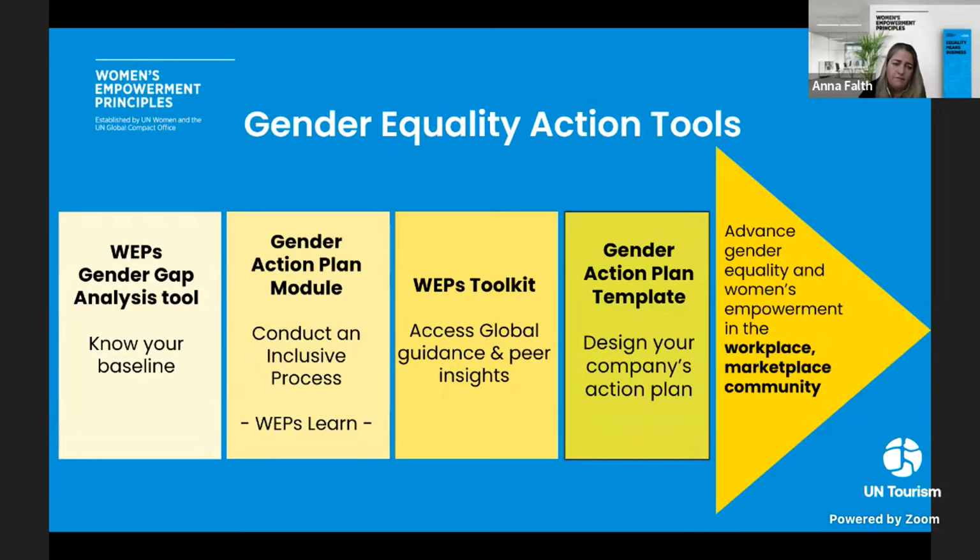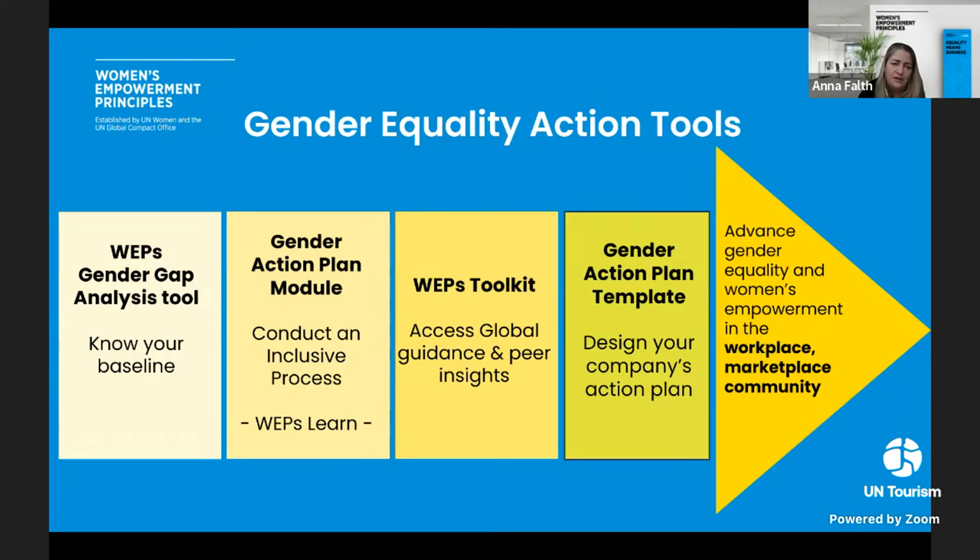We also have other tools that can help you understand how to create an inclusive process as you set up your strategy or action plan. It is very important that you consult and discuss not only in your company, but also with your business partners, suppliers, etc., to really understand how you can make a difference for gender equality.